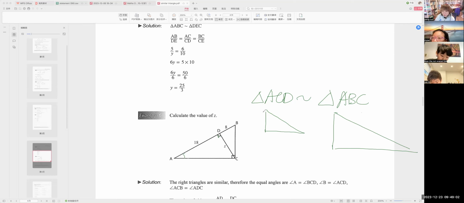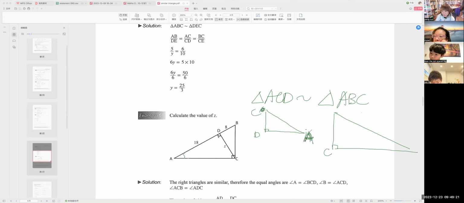I'm going to do this D, A, and C. Why? Because this is a right angle. The right angle here is C, and A is a smaller angle. So this is C. This is very important.